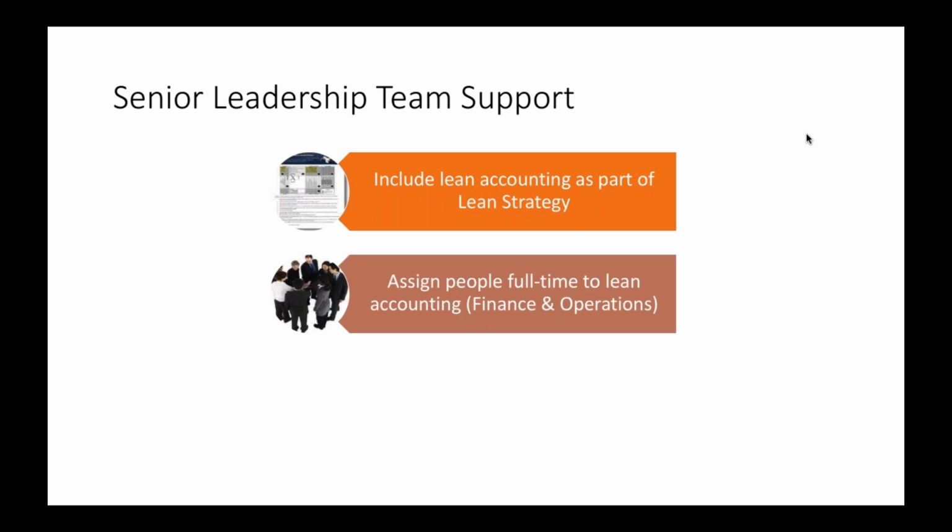You need to assign people to the lean accounting transformation. When I say assign people, that doesn't mean you take them out of their current jobs, but it's a responsibility. You need a leadership team of finance and operations people that are going to put the lean accounting transformation plan in place. And I stress that it has to be a cross-functional team.